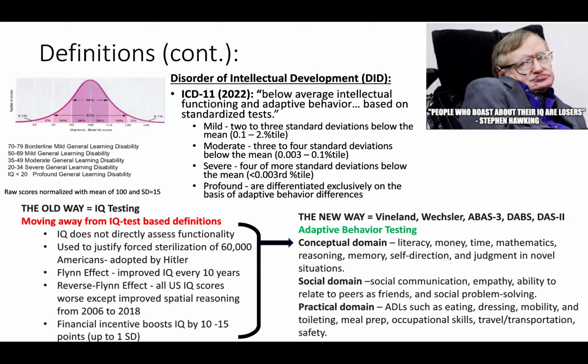And the old way was using IQ testing, which was coined in the late 1800s in Germany for school children as a way to assess how well they're performing. And then it was picked up by Stanford University at the turn of the century and applied towards people in non-school settings. So they basically took school type tests and applied them to the general public, some people who have never been to school.